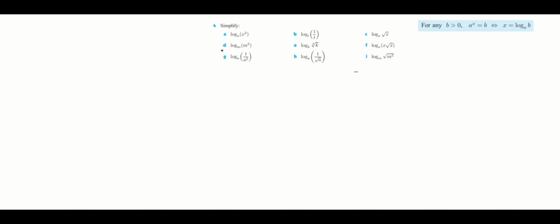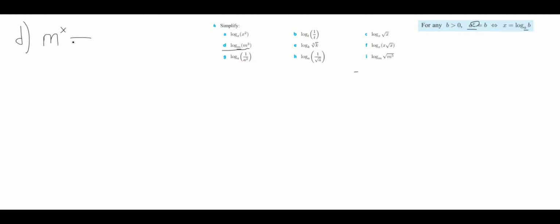And so I'm on question D. Let me just write it out. D, we have the A value as M. So I'm going to write that as the A value. So M to the power of X, because we don't have an X value. That's what we're solving for.